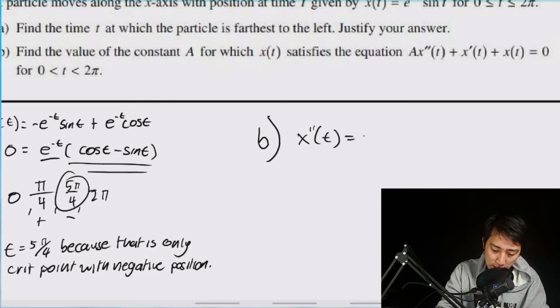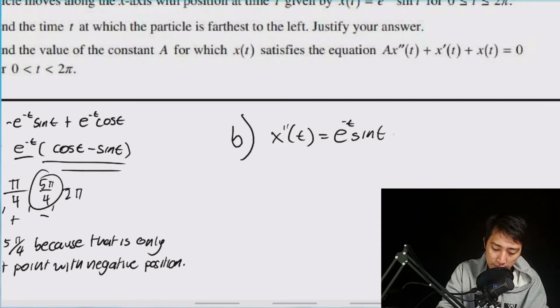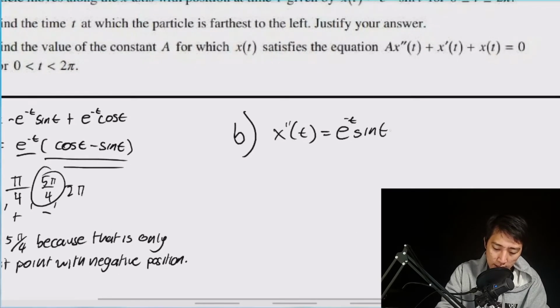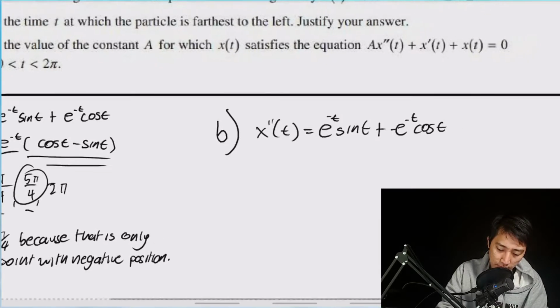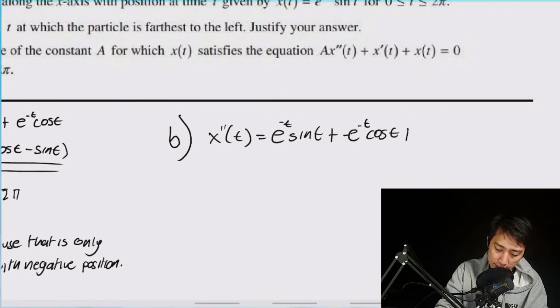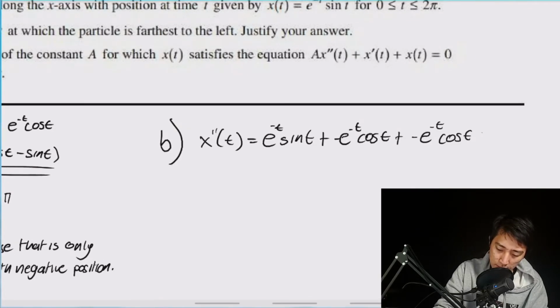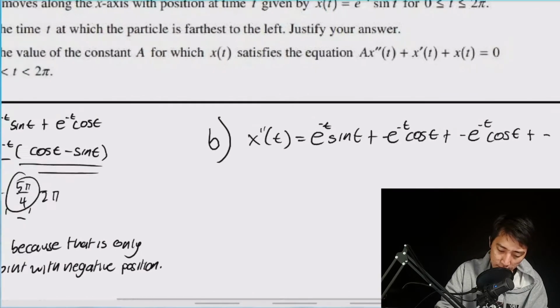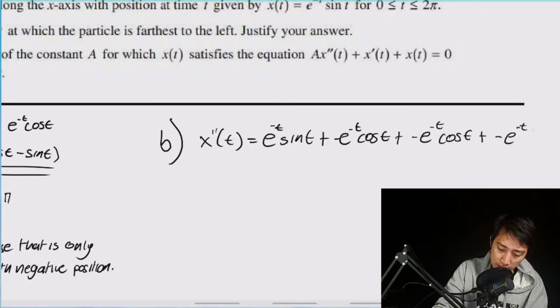So this is going to be e to the negative t sine t, so I'm just using chain rule or product rule again, plus negative e to the negative t cosine t, plus e to the negative t cosine t, plus negative e to the negative t sine t.